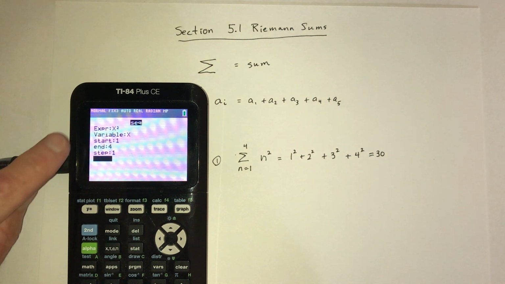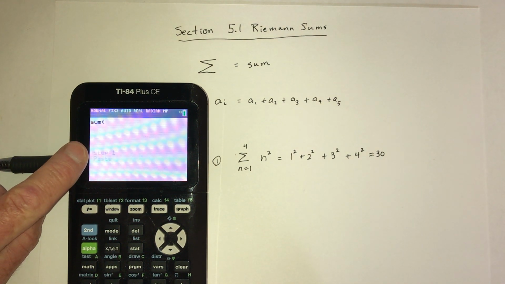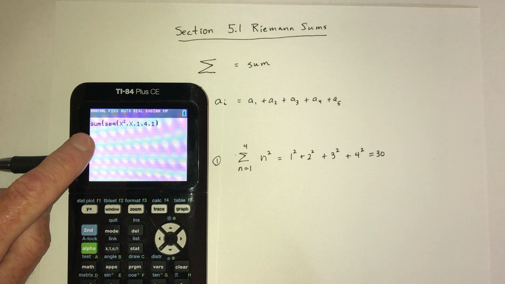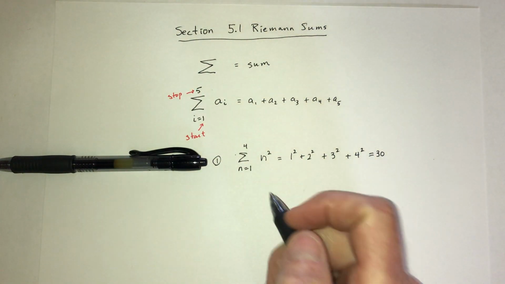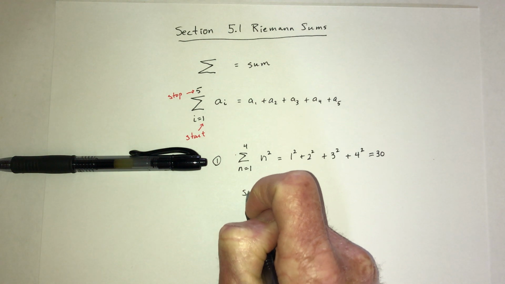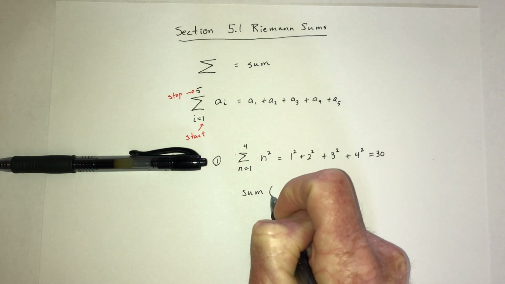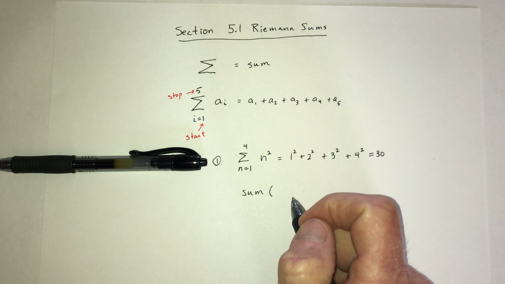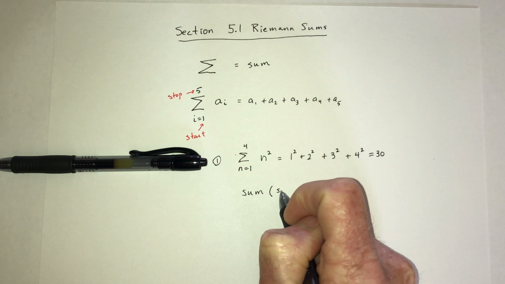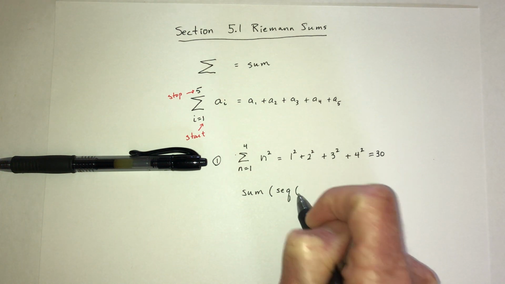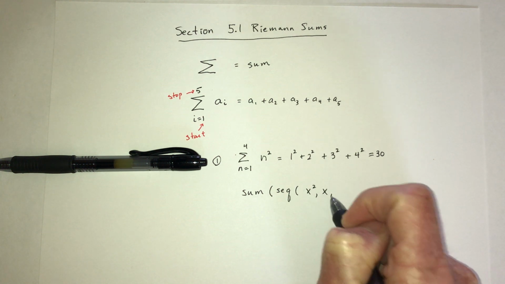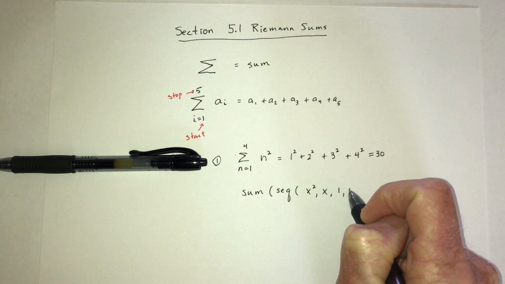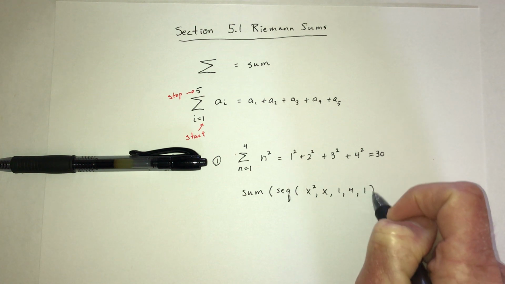Now for those people that don't have this part on their calculator, then you would just have some sequence, and then you would need to type it in yourself. So you get the sum by going second list, and then you get the sequence and it puts it on the home screen, and then you put x squared with x going from 1 to 4 in increments of 1.